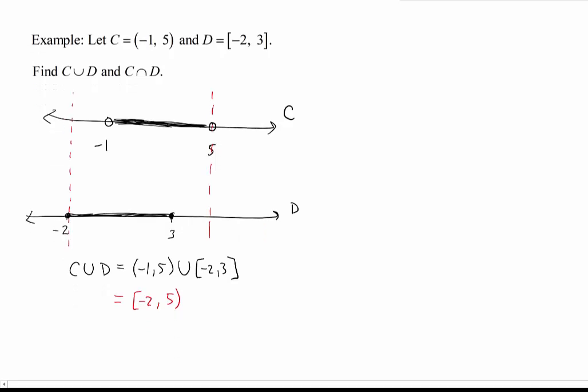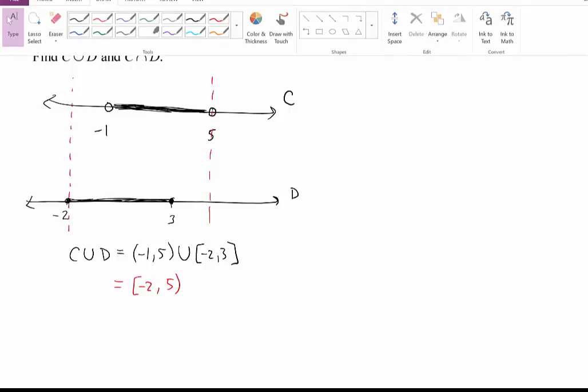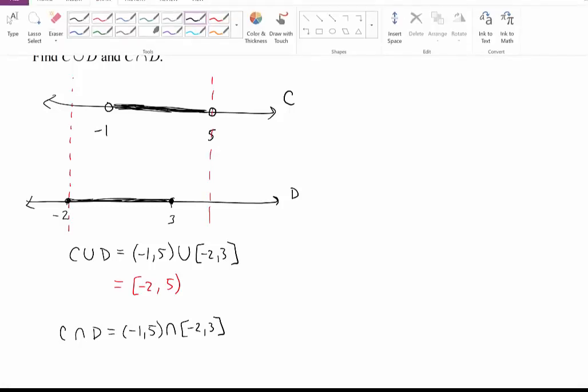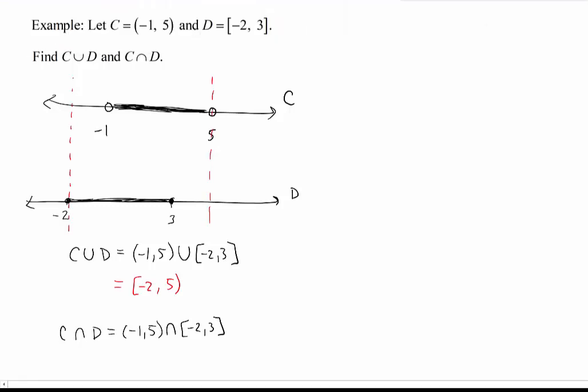Now, for the intersection, C intersect D, intersect the sets -1 to 5, and -2 to 3. Now we got to ask ourselves, what are all the numbers that are common to both of these sets? So that's where they overlap.